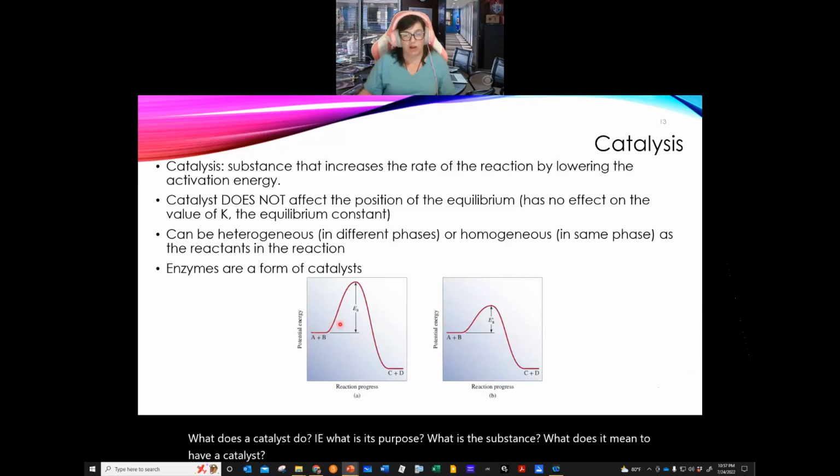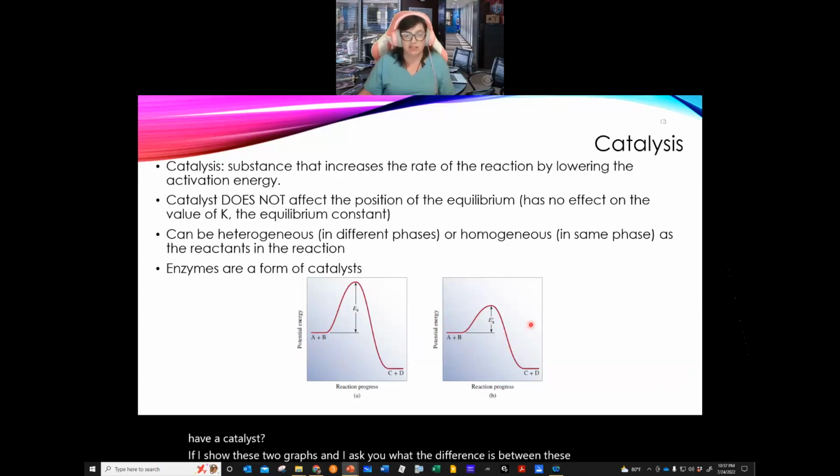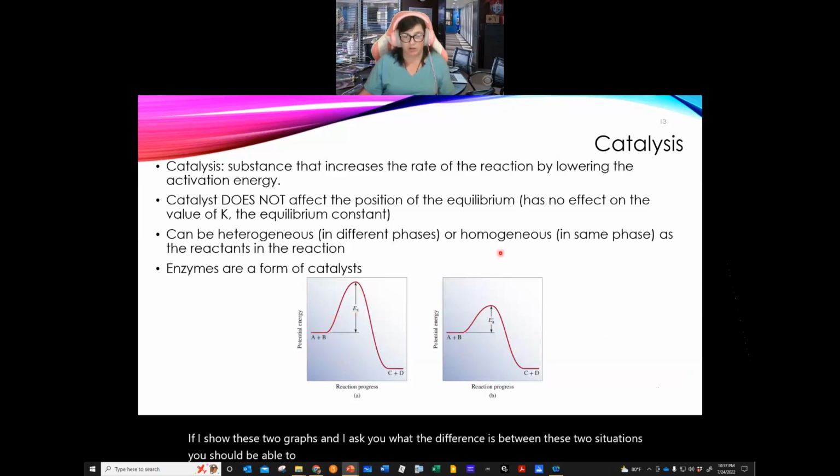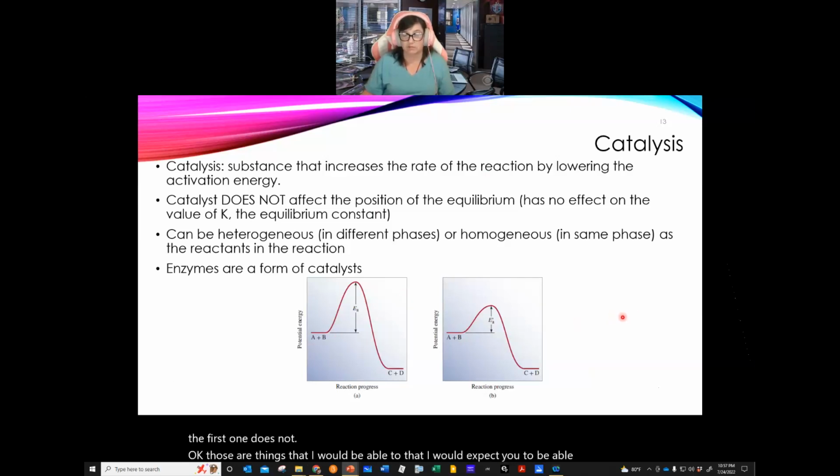If I show you these two graphs and I ask you what the difference is between these two situations, you should be able to tell me that this second one, the one on the right, has a catalyst and the first one does not. Okay? Those are things that I would expect you to be able to do when talking about catalysts.